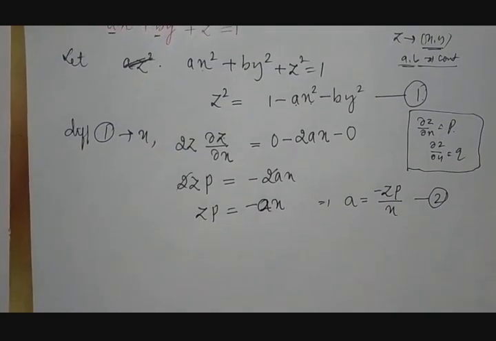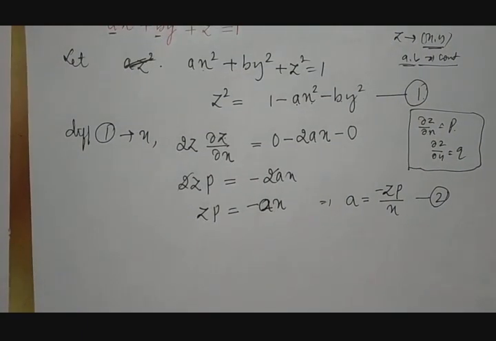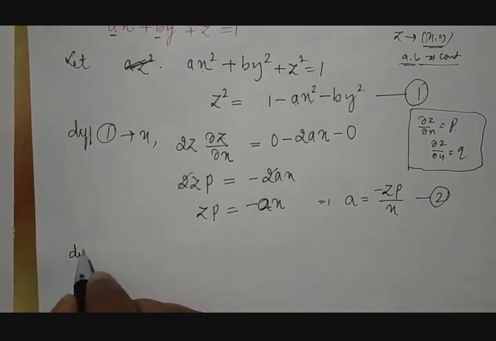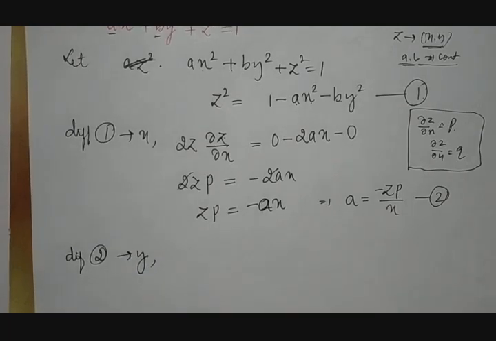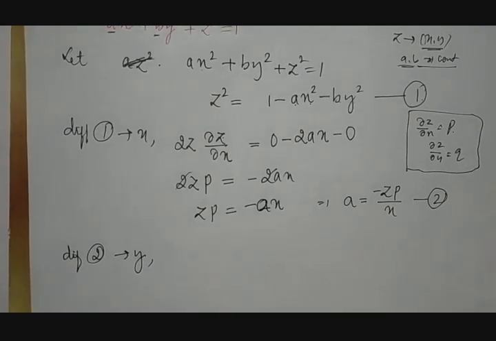So we got a value for one arbitrary constant. Similarly, let us differentiate equation number 1 with respect to y partially. Again we need to take partial differentiation.